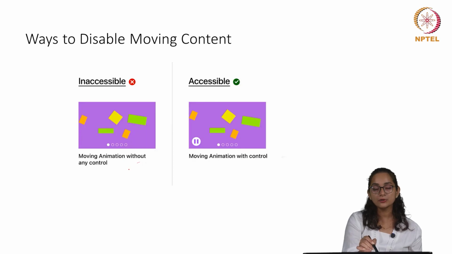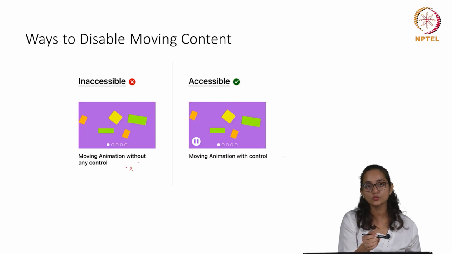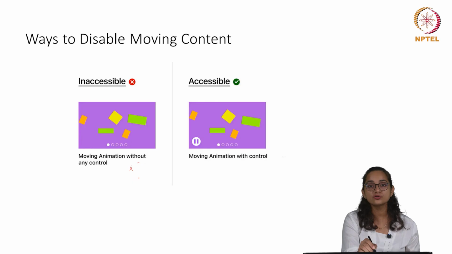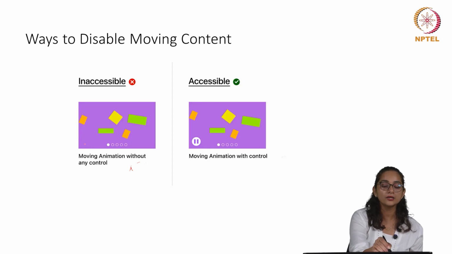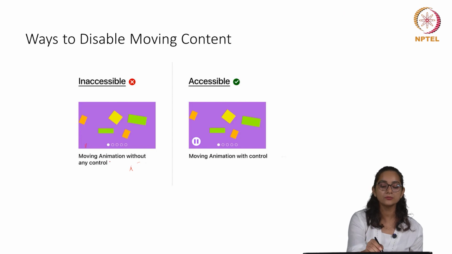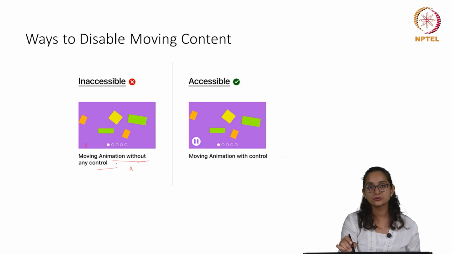I may be a person with blindness who is anyways not interested in seeing it, or I am unable to access the video footage, and I want to stop it in between because it is also interfering with my screen reader audio. So, there should be an option to turn it off as well, either the sound or just pause the video. Animation without control should not be there, animation with some control should be there.